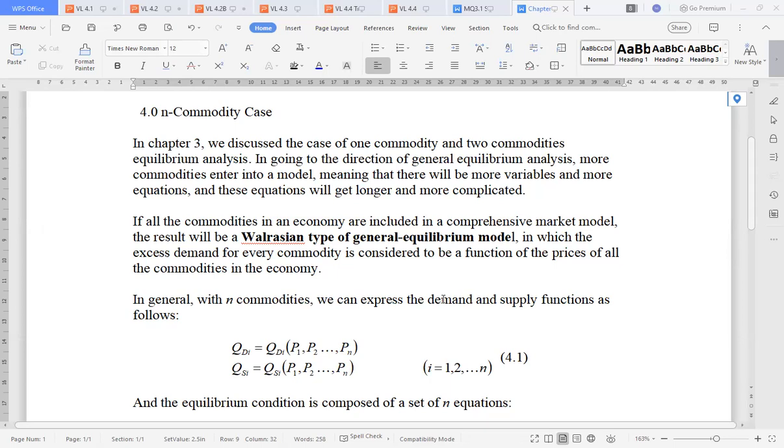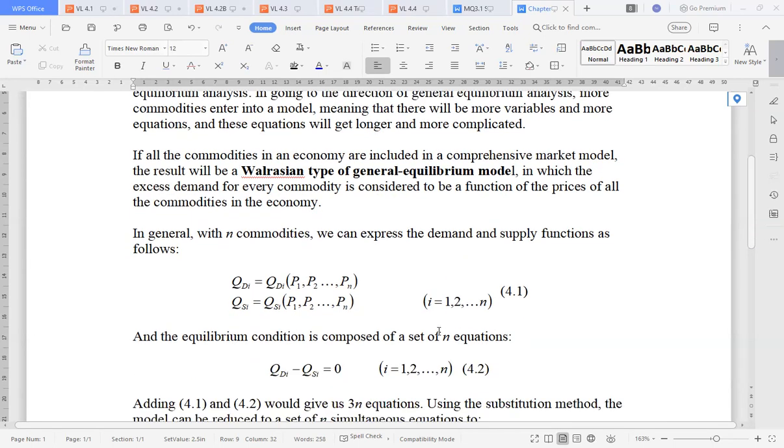But again, as far as our level is concerned, we will only be dealing with two commodities. Perhaps if you'd like to work on Walrasian, class, you can always do that in graduate school. In our case, we'll only discuss two functions of prices in two commodities or quantities as well.